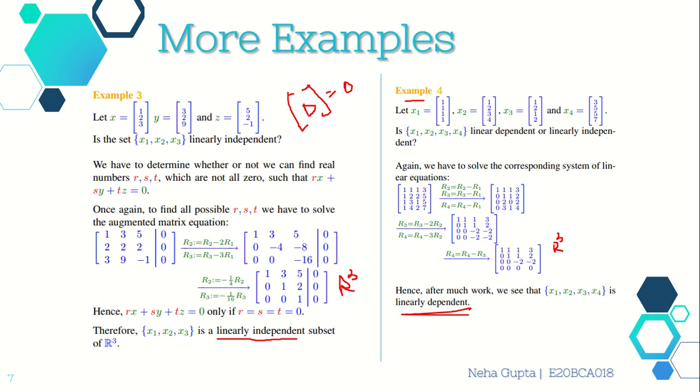But for linearly independent vectors, the determinant is always non-zero. So that is another way to find the dependency or independency in a set of vectors.